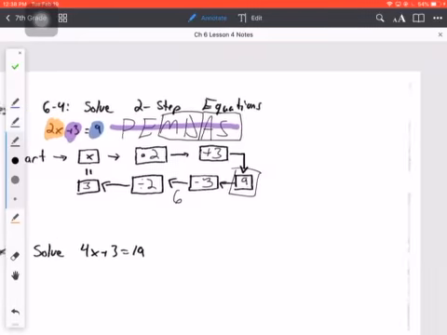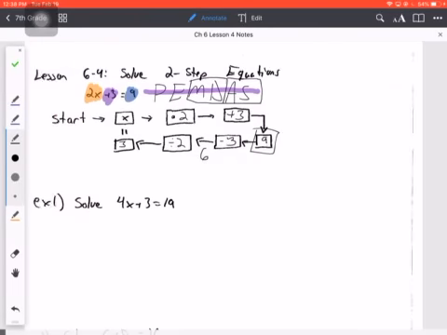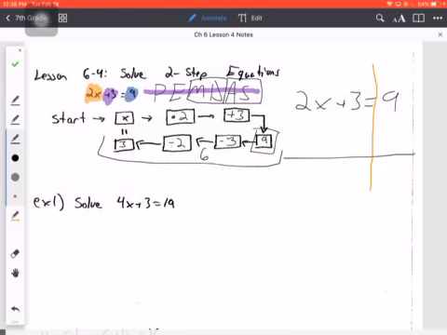The other way to look at this, and again it's the exact same process, just different looking, I'm going to write down 2x plus 3 equals 9. I'm going to go through the process of how we did this with solving our one-step equations. First thing we want to look at is going in reverse order now. This is a little bit more difficult, but essentially we're going to focus on this part here.